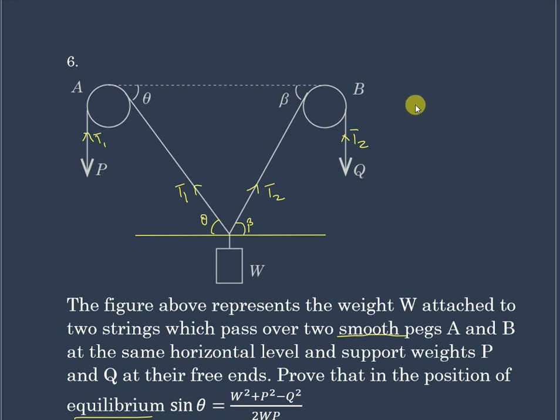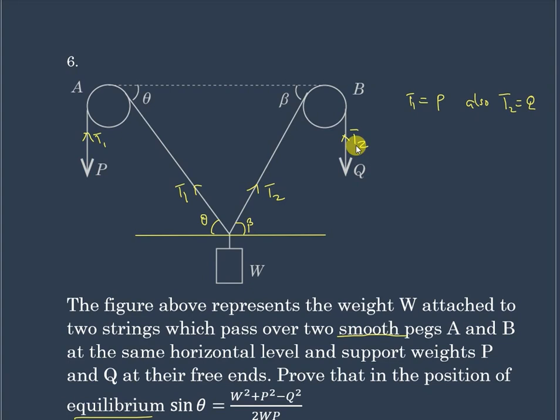That is supposed to mean that T1 is equal to P. It also means that T2 is equal to Q. Because if T1 is not the same as P, if T1 is greater than P, this thing will be moving upwards. And if P is greater than T1, it would be moving downwards. And that is not equilibrium. Since this is a static equilibrium, there is no motion taking place. So the two must counterbalance.